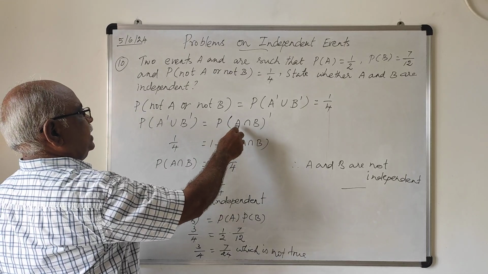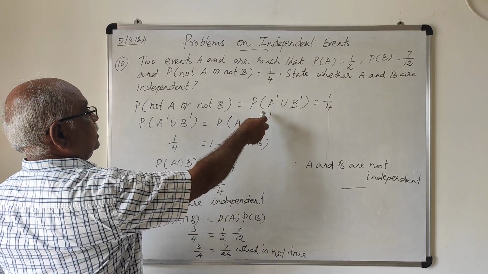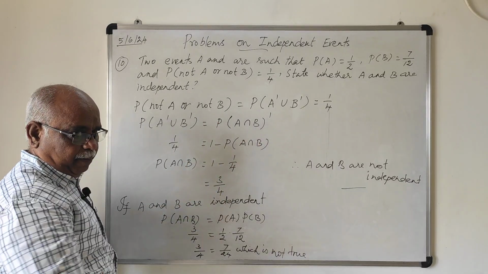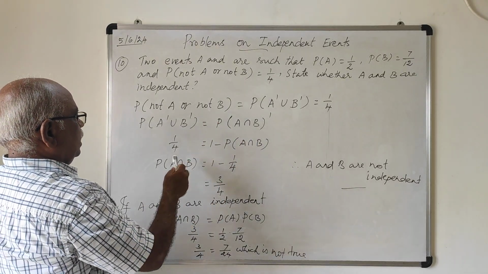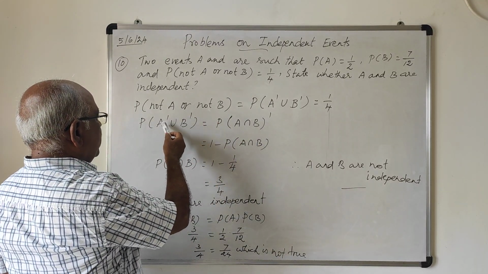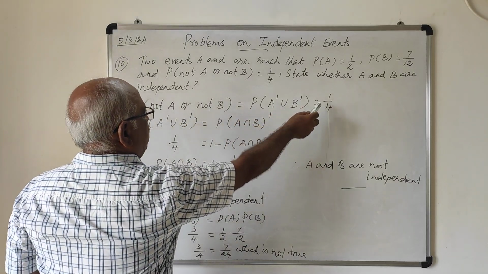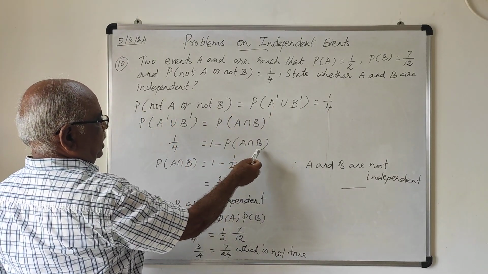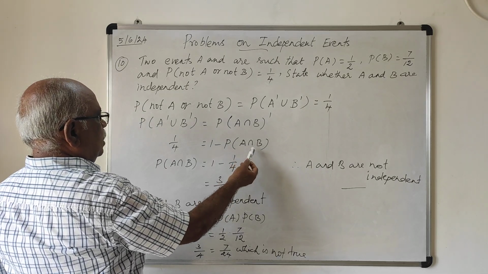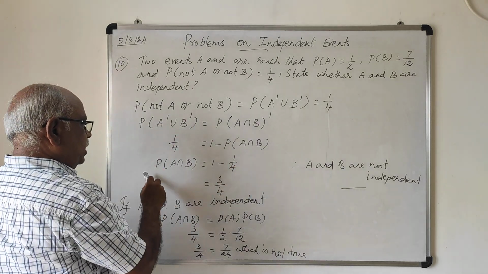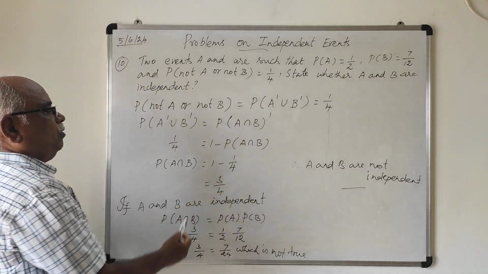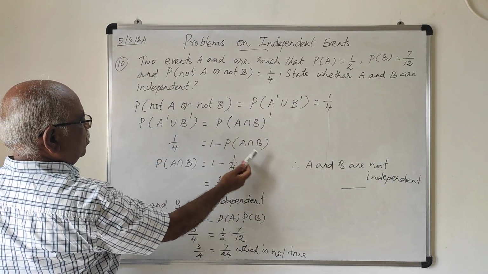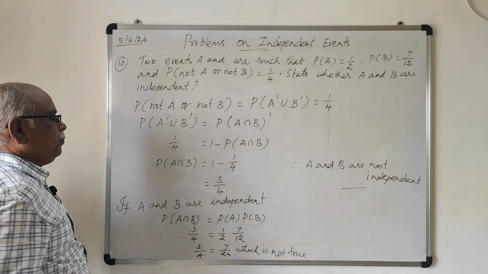Therefore P of A dash union B dash is 1 minus probability of A intersection B, and this is given as 1 by 4. So P of not A or not B is 1 by 4, equal to 1 minus P of A intersection B. So probability of A intersection B equals 1 minus 1 by 4, that is equal to 3 by 4.